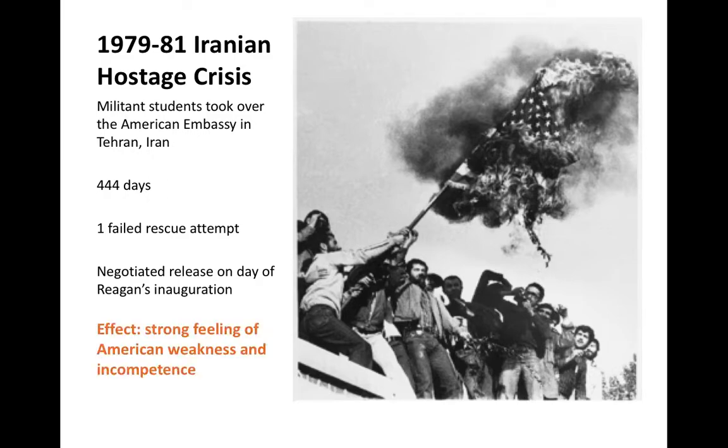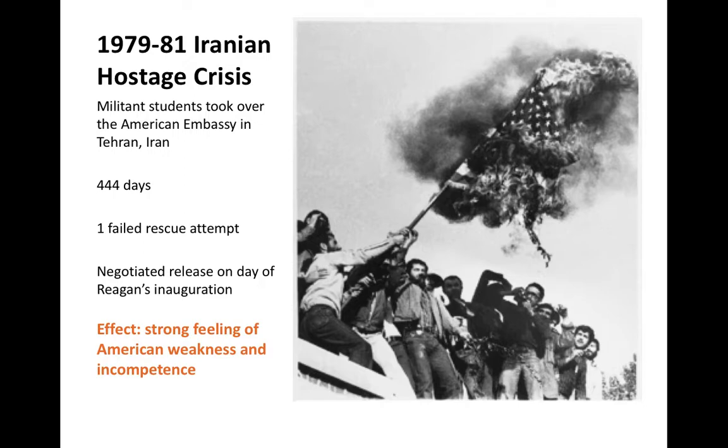For over a year, into January of 1981, 56 American diplomats were taken hostage. There was one failed rescue attempt, and the release of the hostages was negotiated to wait until Carter left the presidency and on Reagan's inauguration.